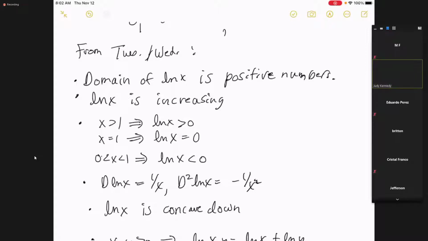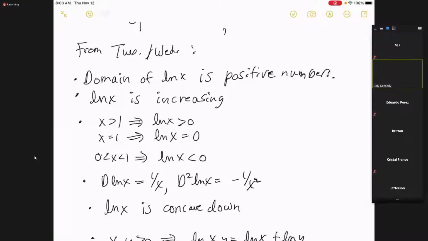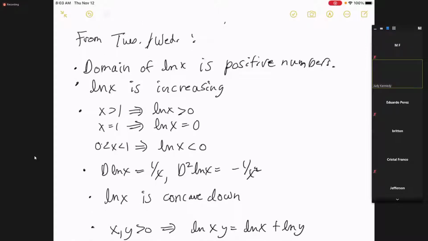From the fundamental theorem, it follows that the derivative of ln of x is 1 over x, and then the second derivative is minus 1 over x squared. Since the first derivative is always positive, we found out that this was increasing even before we knew that. The second derivative is always negative, so ln of x is concave down.